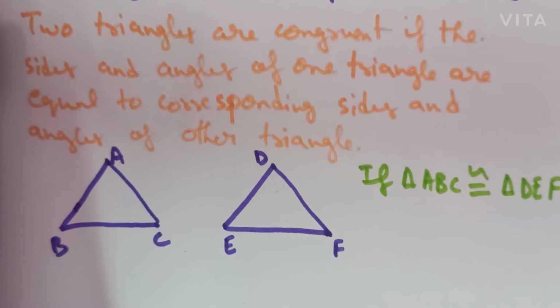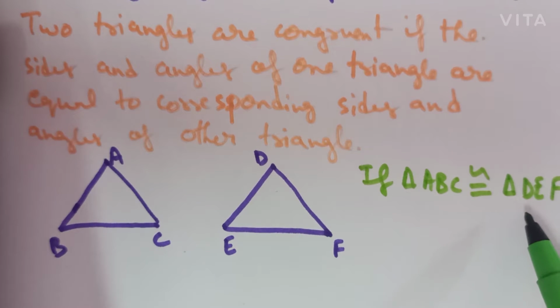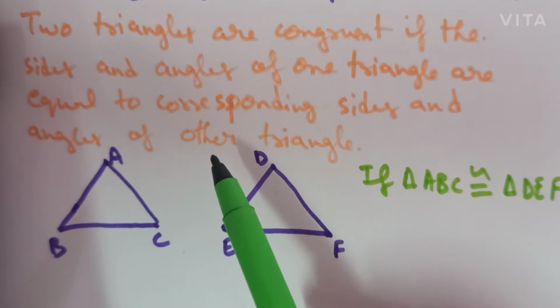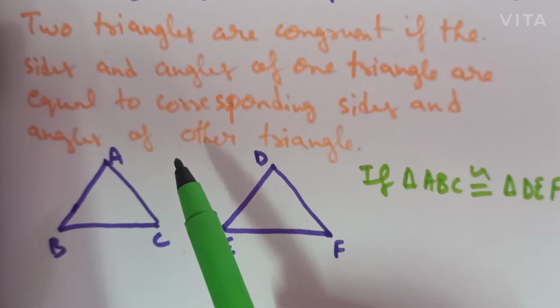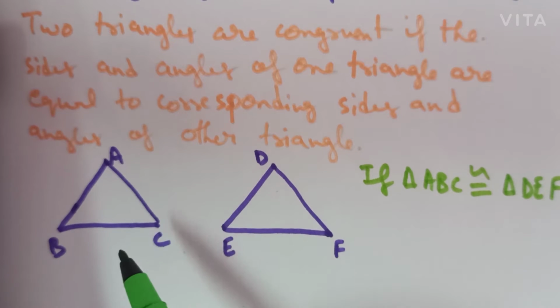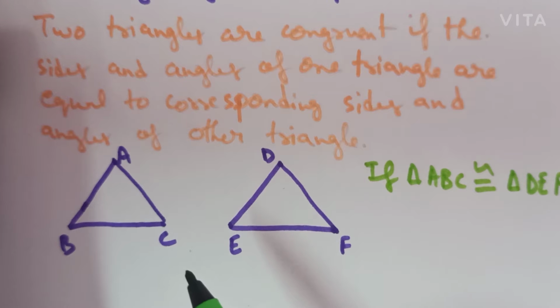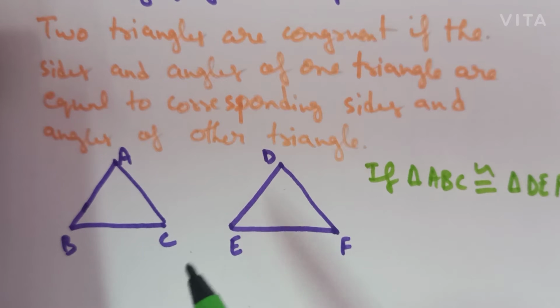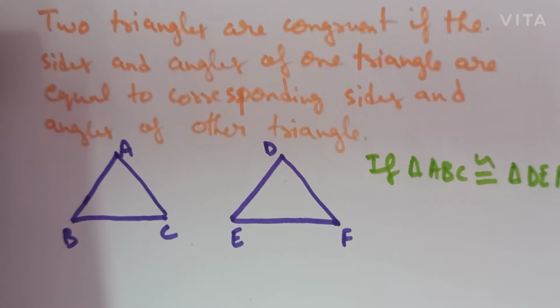according to the above statement, the three sides and the three angles of triangle ABC should be equal to the corresponding sides and corresponding angles of triangle DEF.